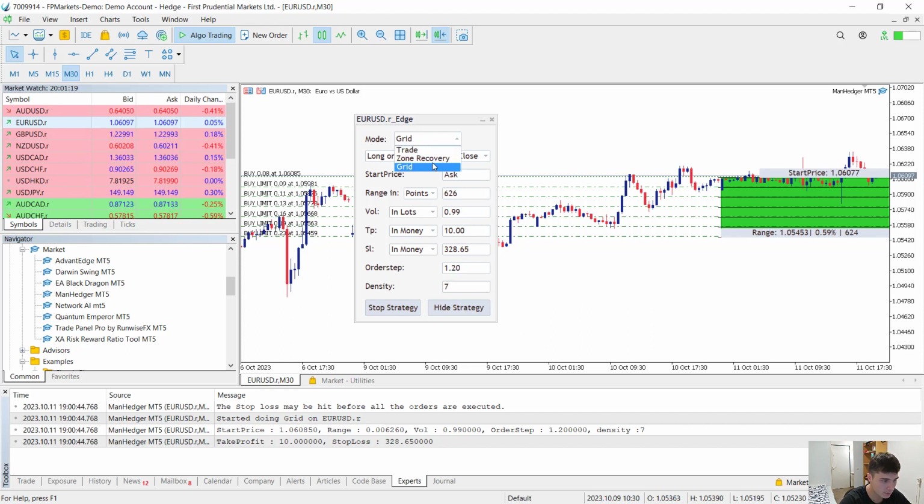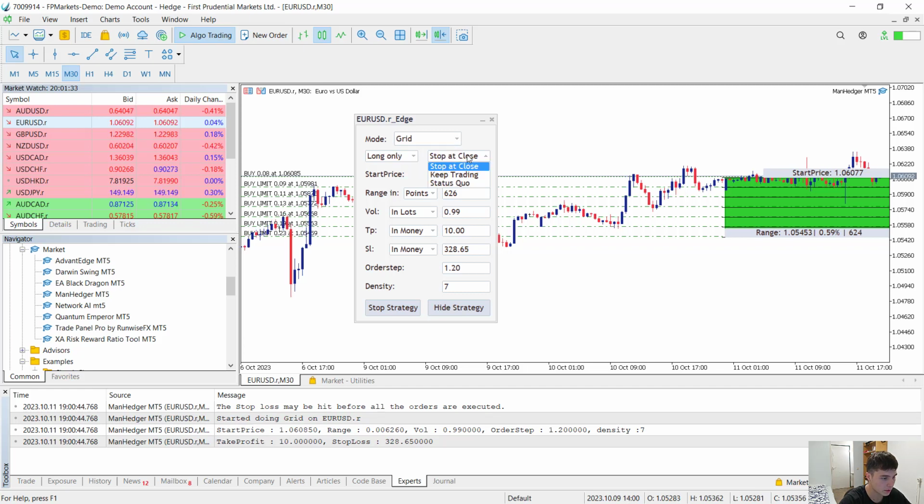So if you run a zone recovery and the grid strategy, of course it can distinguish those trades because they have different magic numbers. You can do the same thing as with the zone recovery. You can select stop at close, keep trading, status quo. They mean the same thing. Stop at close means that after a profit we completely stop the strategy.